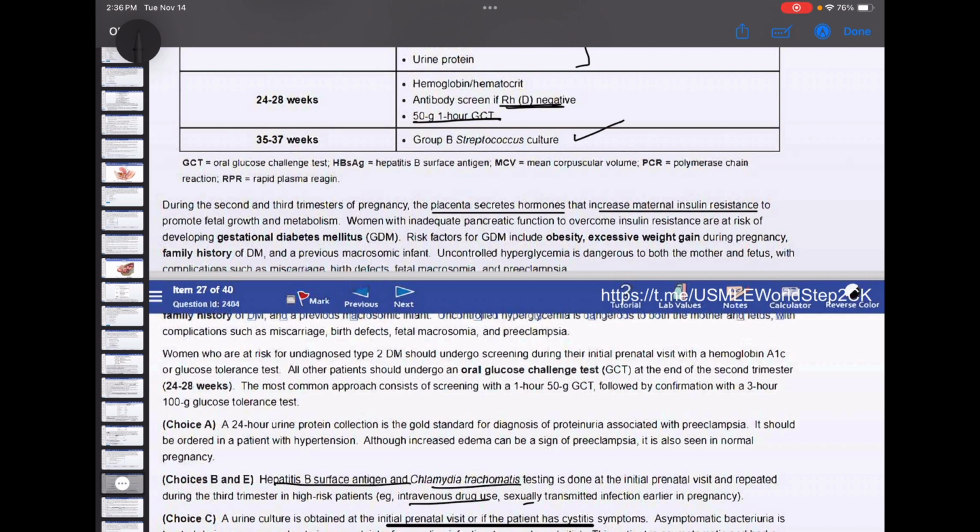Women with inadequate pancreatic function to overcome insulin resistance are at risk of developing GDM. Risk factors for GDM include obesity, excessive weight gain during pregnancy, family history of diabetes, previous macrosomic infant. Uncontrolled hyperglycemia is dangerous to both the mother and fetus, with complications such as miscarriage, birth defects, fetal macrosomia, preeclampsia.